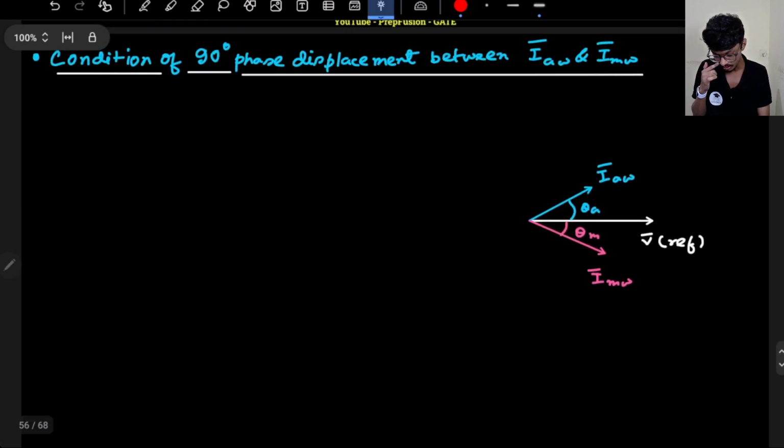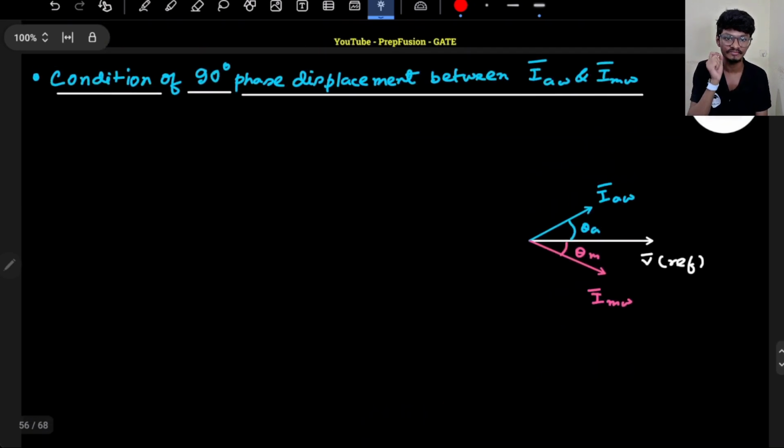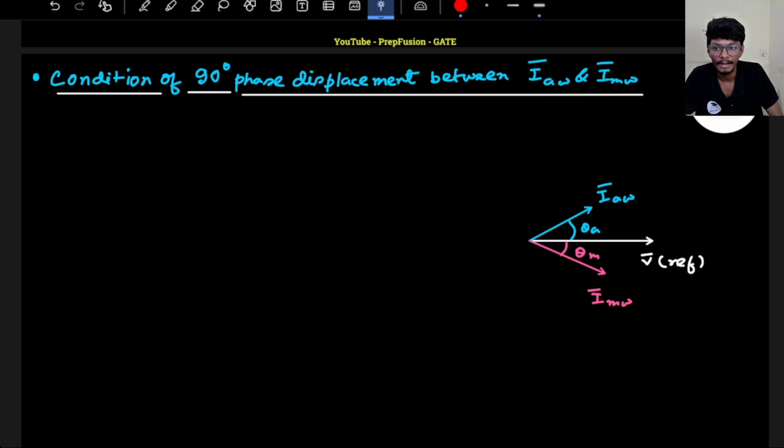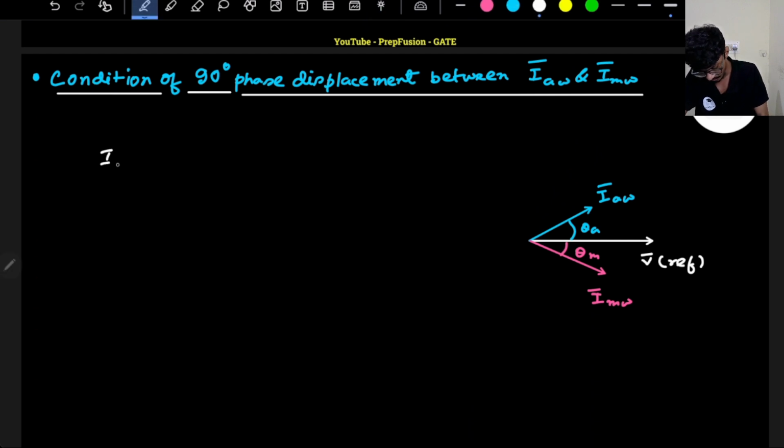Okay, now let's come to the condition to get maximum phase displacement. How will I get maximum phase displacement? Ultimately, I have to find out the main winding current. What is the main winding current? It is the voltage divided by the impedance of the main winding, Zm, with angle theta m.